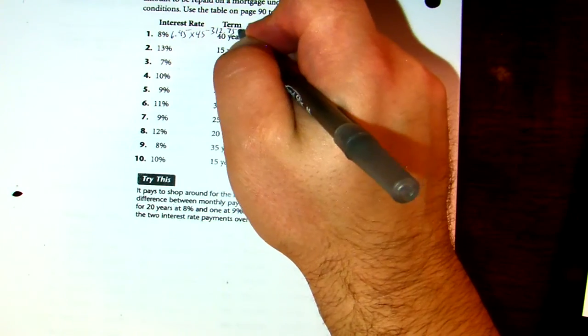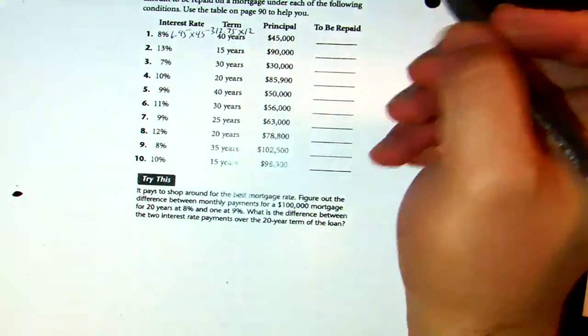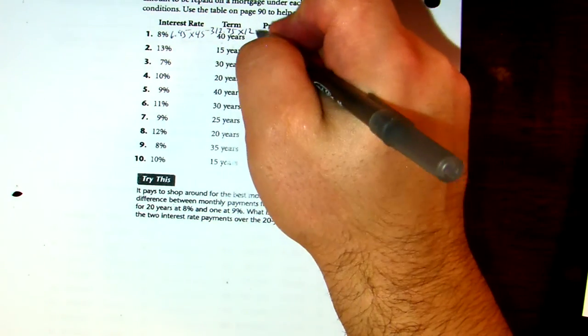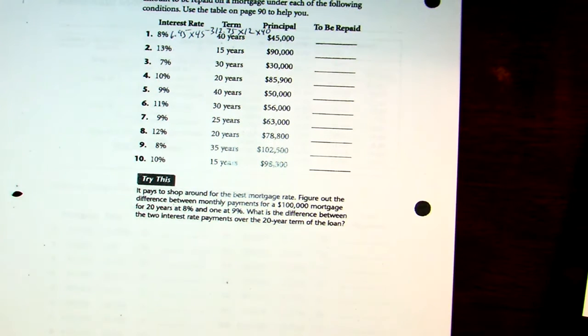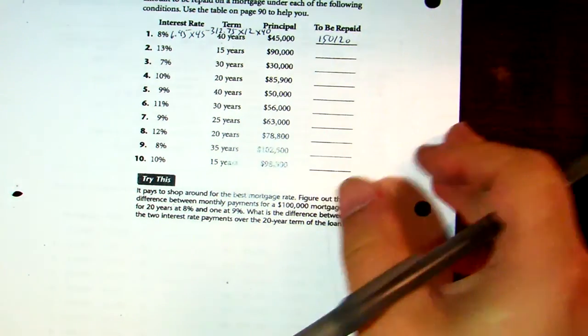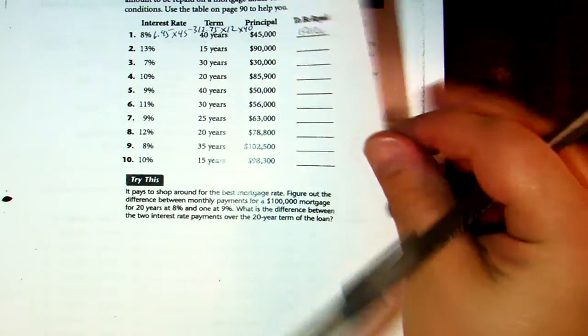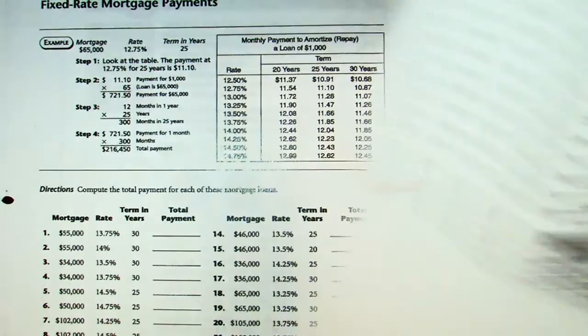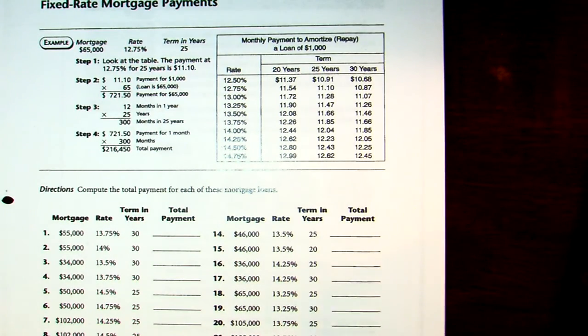You're going to multiply that by 12 because that's per year, and then by 40 because it's over 40 years. And you get 150,120.